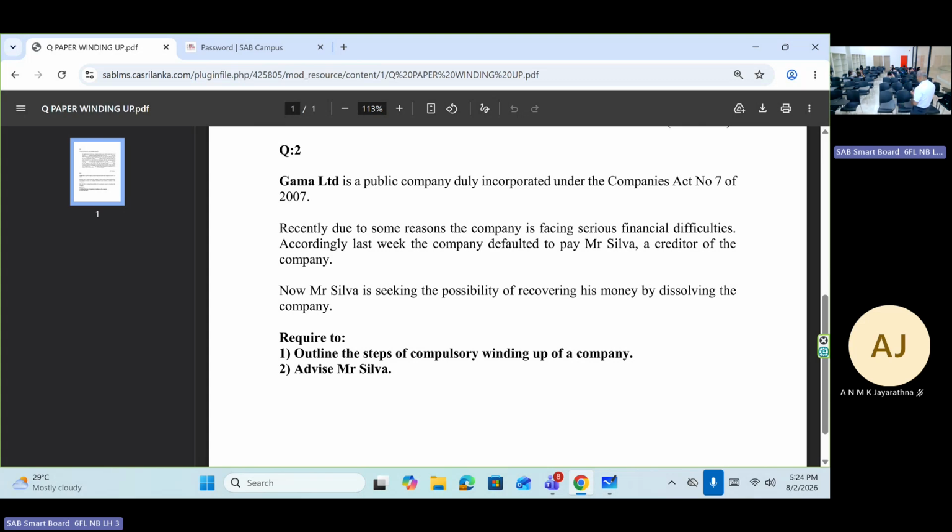That's the step. And number 2, court will appoint an official receiver.